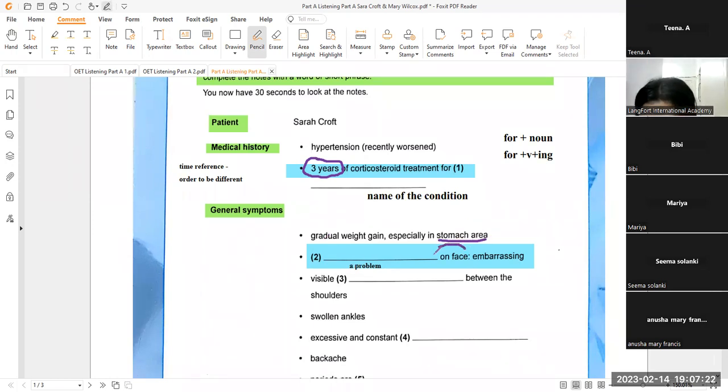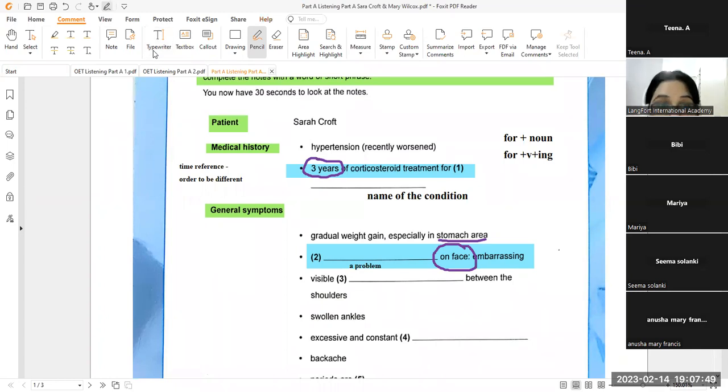However, see this word on the face. That is a location. So I can say, okay, my patient has redness on her face. That is correct. My patient has redness on her face. Or in spoken language, I can also say, on my patient's face, there is redness.